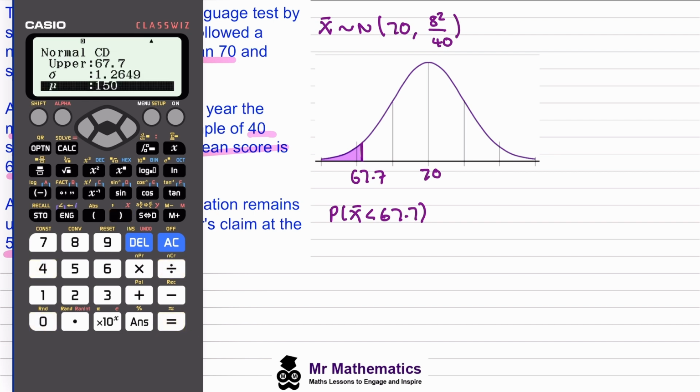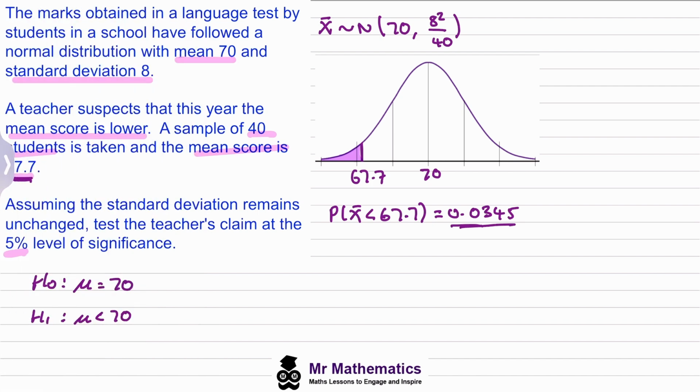And the mean is 70. We can work this out and we get a probability of 0.0345.